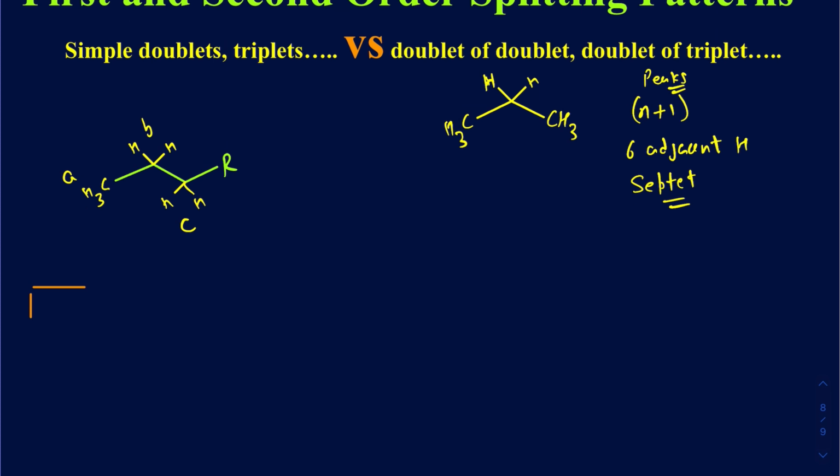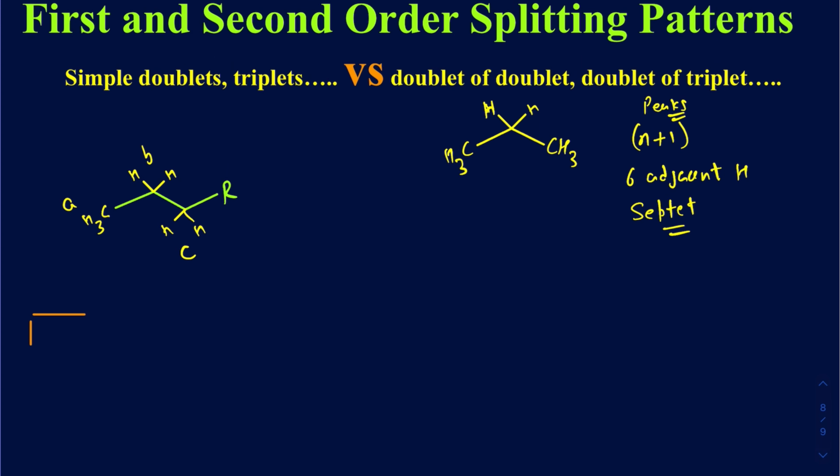Since A and C are not equivalent anymore, it's not going to be easy to say it's a first order splitting. A lot of the time in sophomore organic, you would probably say it's a multiplet, or you would say, okay, we have 3 protons here and 2 here, so that's a total of 5, maybe it's going to be a sextet, but that's not really a wise way of saying it.